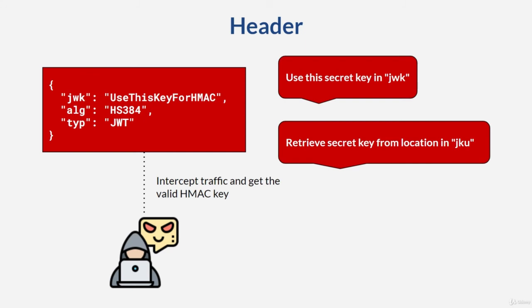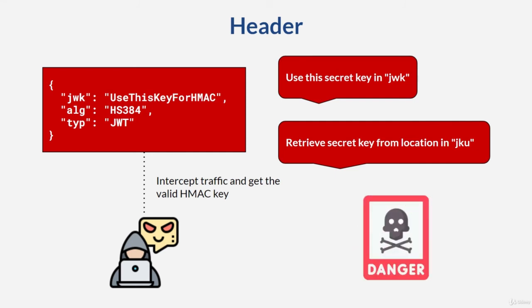Although HTTPS can secure some part of this, it is useless if the attacker herself is a valid user and intercepts traffic from her own computer. Since the HMAC key is generally the same for all other tokens, having one secret key can be enough for the attacker. That is why using JWK or JKU means making the JWT token vulnerable.